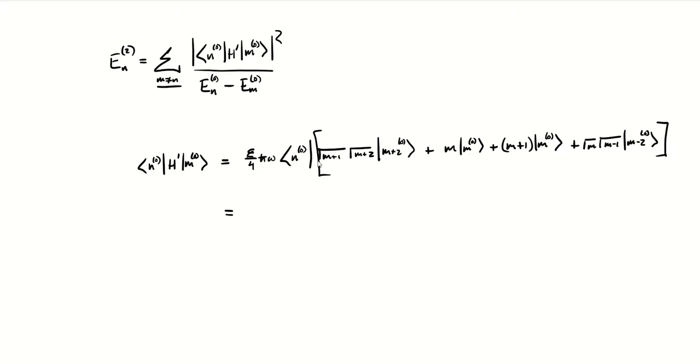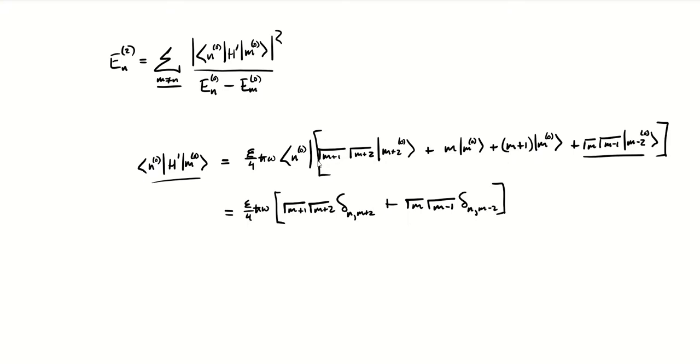This whole thing, these matrix elements are just epsilon over 4 h bar omega times, if m not equal to n, we end up with root m plus 1, root m plus 2, delta n, m plus 2, and then this off diagonal term, root m minus 1, delta n, m minus 2, right?